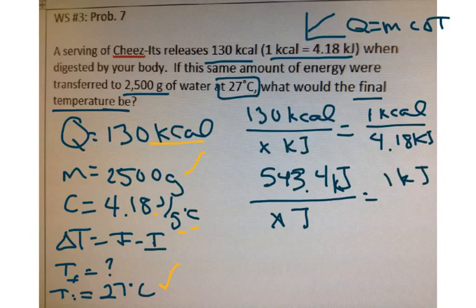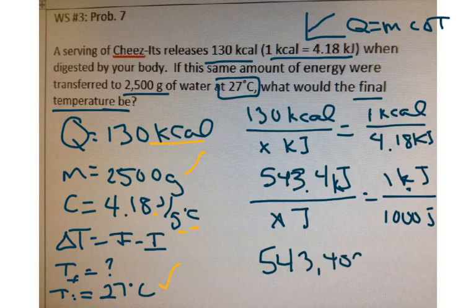Remember, any prefix of a kilo is going to be 1,000 of your base units. So 1 kilojoule will be equal to 1,000 joules. So when I cross multiply this, I get 543,400 joules.